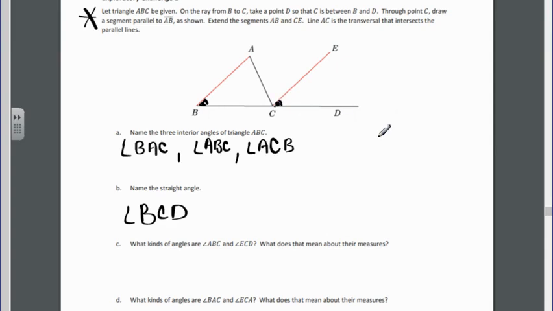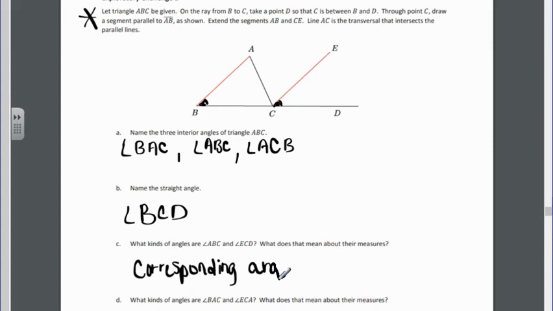But if you look at the 2 red lines, those are parallel lines. These 2 angles that I've colored in right here, they're like in the exact same spot on the line, but just on a different line. So that makes these angles corresponding angles.